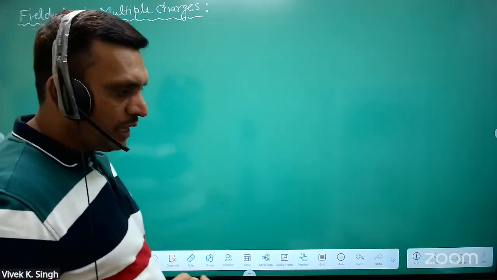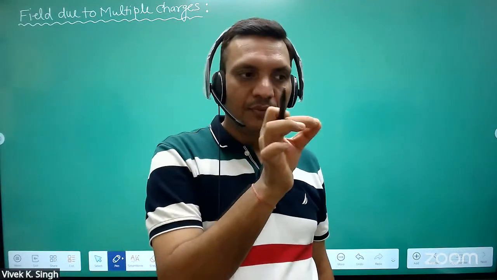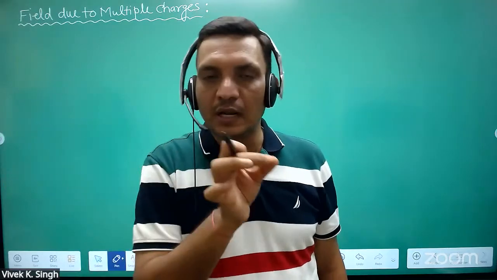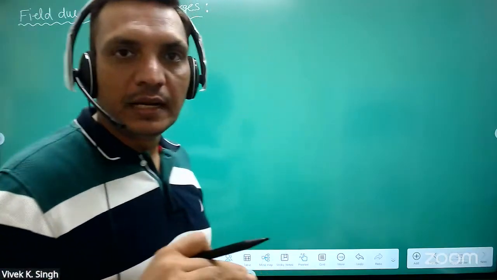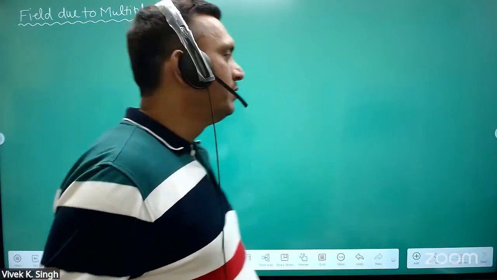So again, we have to use the superposition principle. Write down the field due to individual charge. If there are n charges, find the field due to q1 separately, then q2. They are all vector quantities, and then take their vector sum. So that gives the superposition principle.